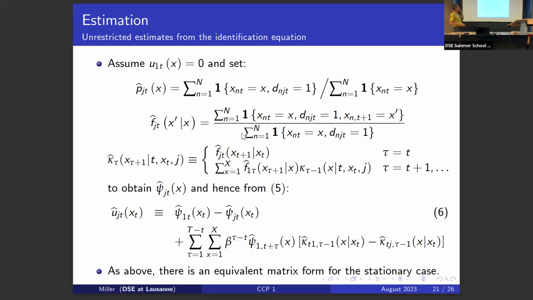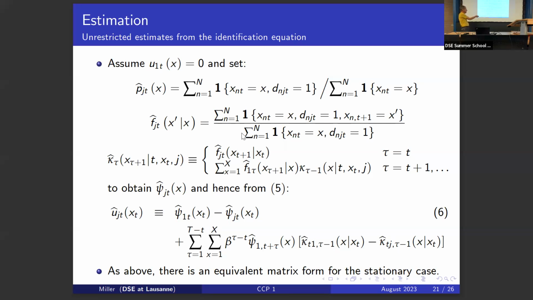Let's talk about the unrestricted estimates I've already given. Okay, just by plugging the hats in, because now relative frequencies, kappas form from these relative frequencies go from there. Okay, just putting in the sample analogues for each of the things that I've already talked about to identify. All right, and if we weren't going to put any restrictions on it, well, these are maximum likelihood estimators.